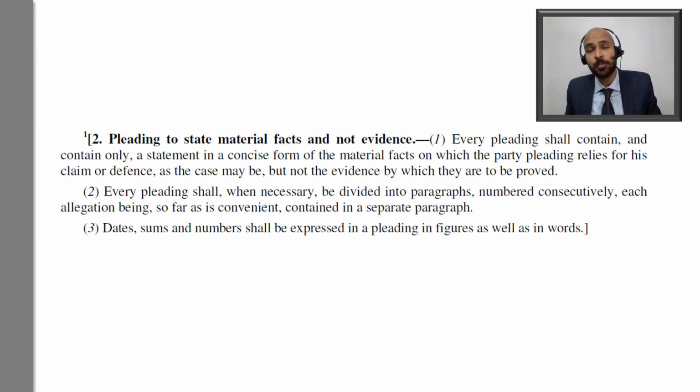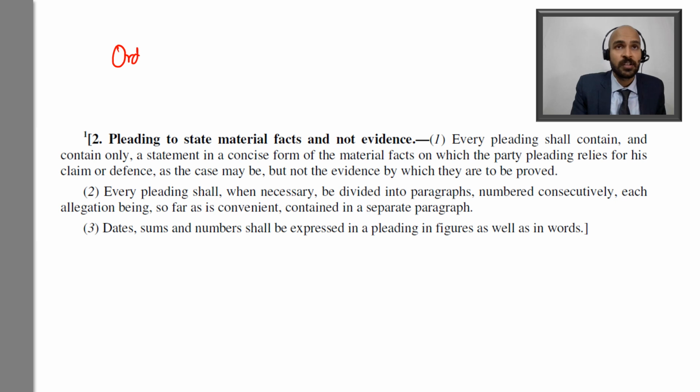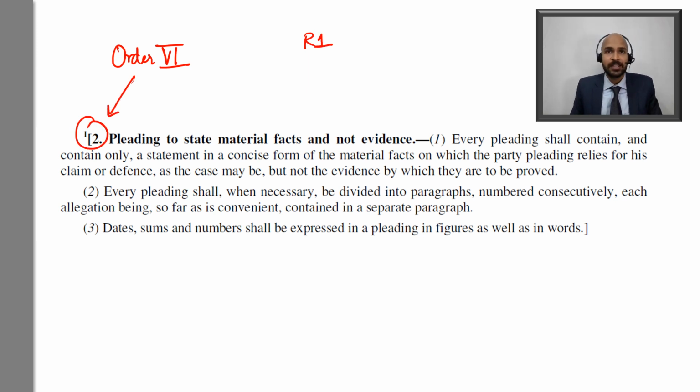So you can see this point in Order 6, Rule 2. So we saw that there is an Order 6 which deals with pleadings generally. We've already seen what Rule 1 was. Here you have Order 6, Rule 2. Now it tells you that the pleadings must state material facts and not the evidence.